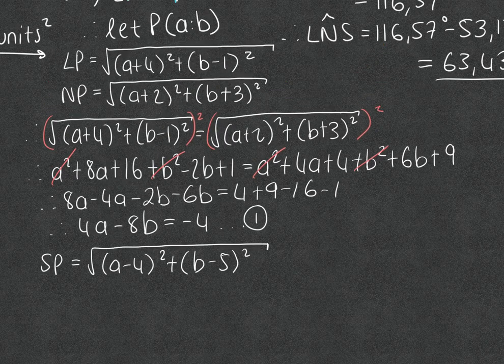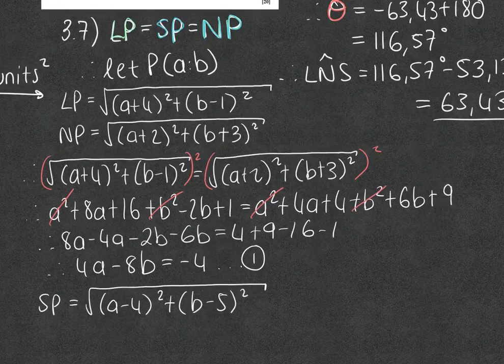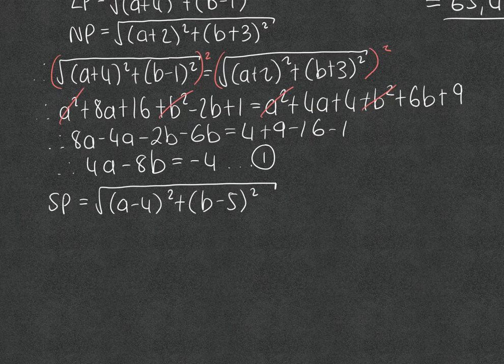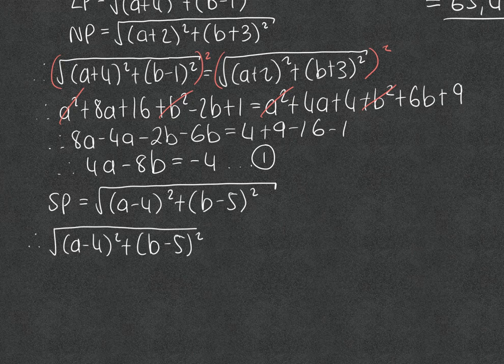So SP equals NP. So NP is that. Therefore, the square root of A minus 4 squared plus B minus 5 squared equals NP, which is A plus 2 squared plus B plus 3 squared.